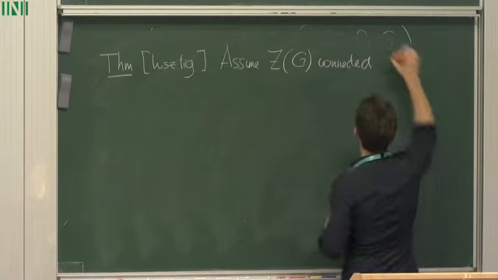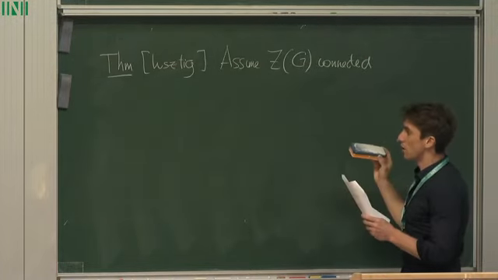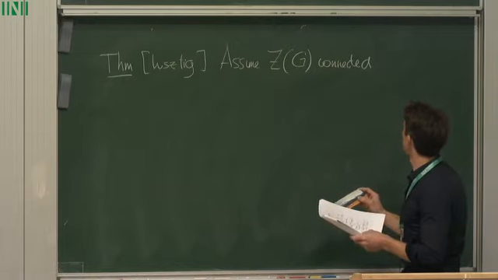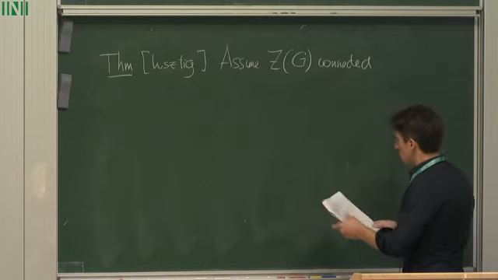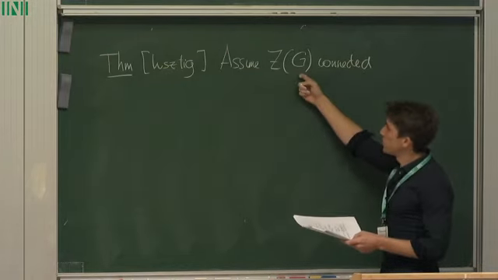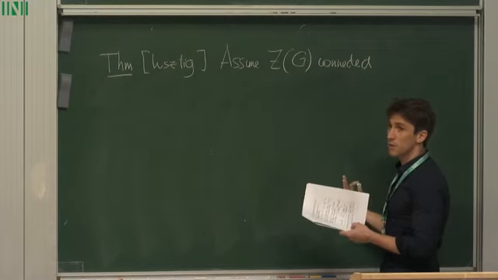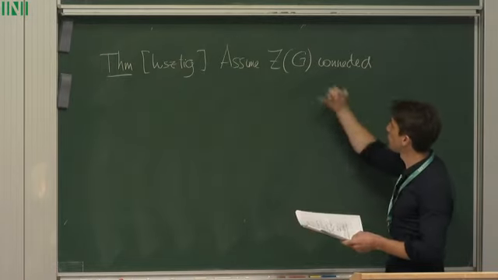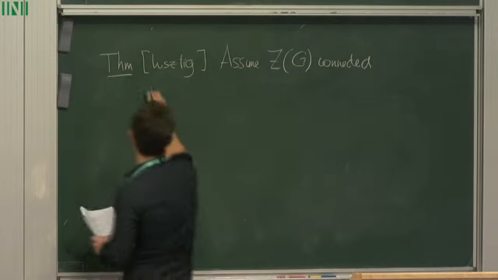I'm doing this to ensure that the centralizers of semi-simple elements in the dual are connected. For example, if I start with PGLN, the dual group is SLN, and the centralizers of semi-simple elements in SLN are connected. This is important for stating the theorem. There is a more general version for non-connected center, but that's more complicated. So let me just assume this.